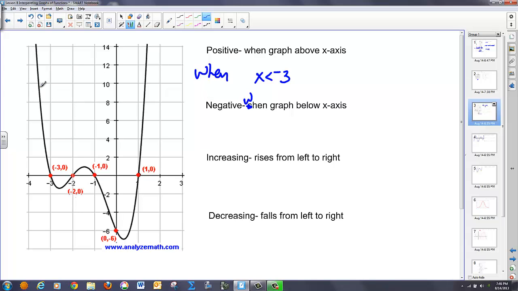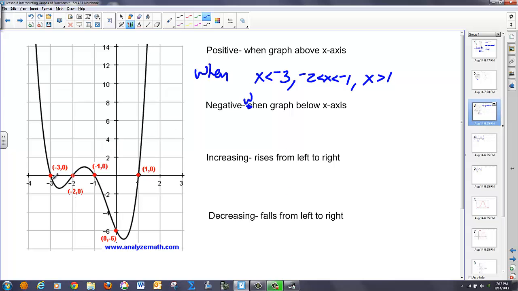I'm talking about up in this region, to the left of -3. Now this little hump falls between an x value of -2 and -1, so I say x is greater than -2 but less than -1. Likewise, there is a region over here that's above the x-axis, and that is from 1 out forever, so when x is greater than 1. That describes when the graph is positive.